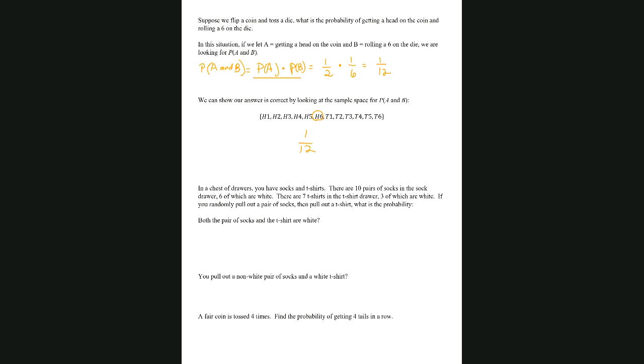Now, are these two events independent? Randomly pull out a pair of socks, and then go to the t-shirt drawer and randomly pull out a t-shirt. Yeah, they're independent. Pulling out a pair of socks has no effect on pulling out a t-shirt.